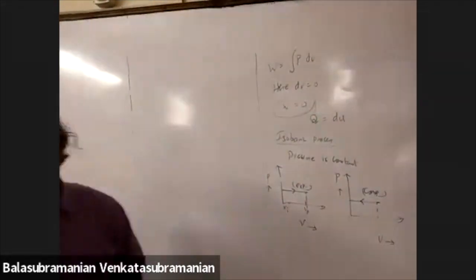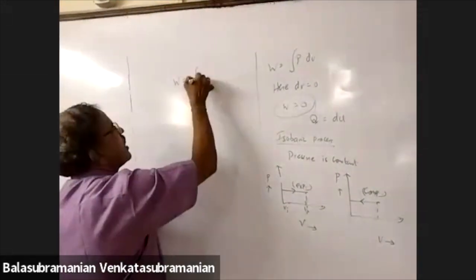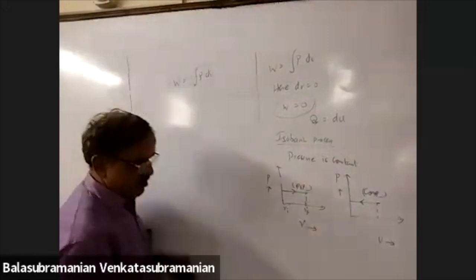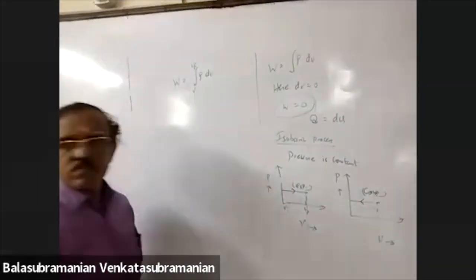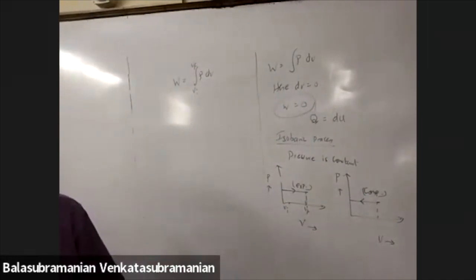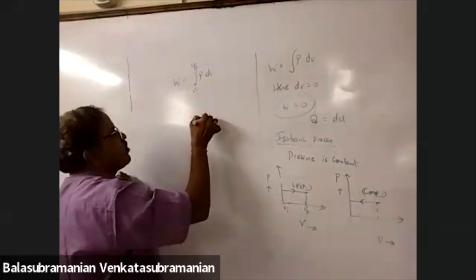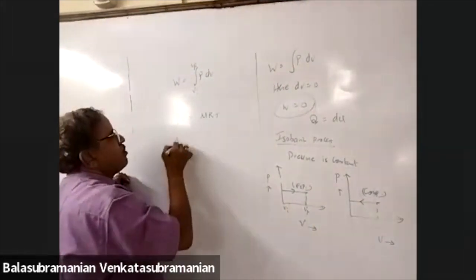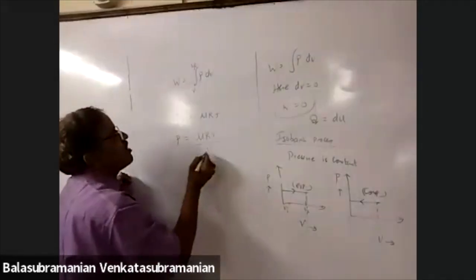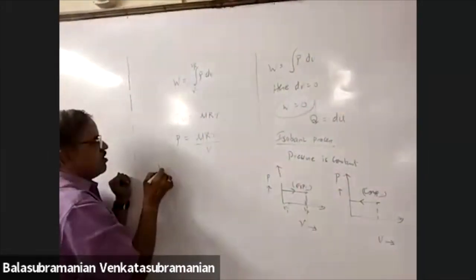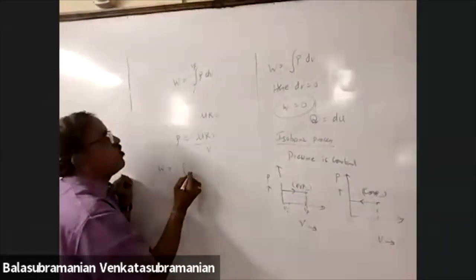What is the work done formula? W is equal to integral PdV. This is the basic formula for work done. But what we know, PV is equal to mu RT, so P is equal to mu RT by V. Substitute.